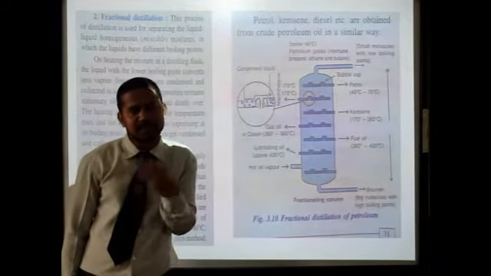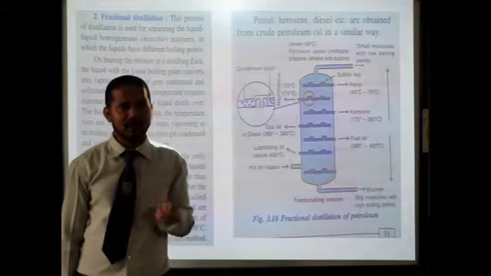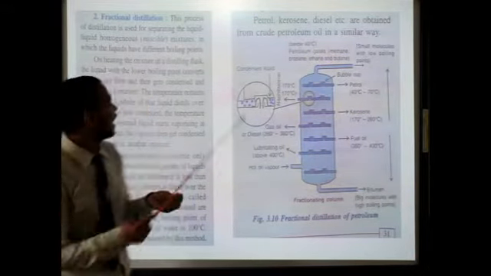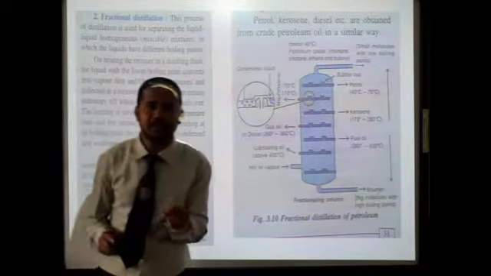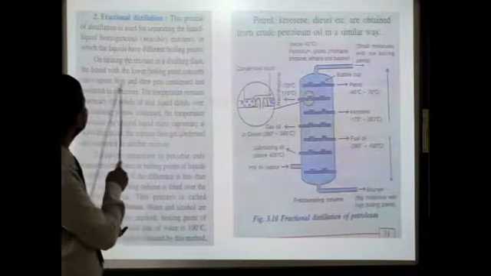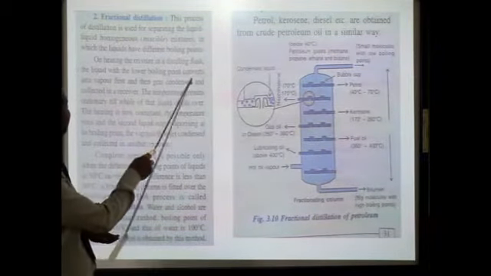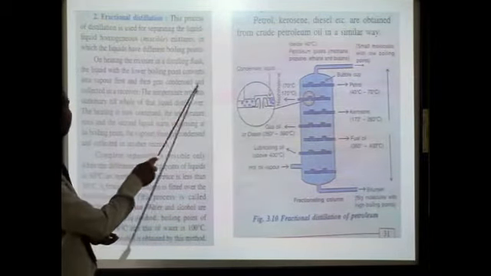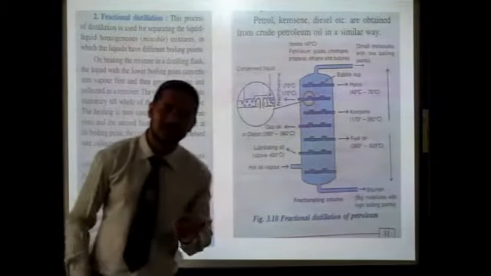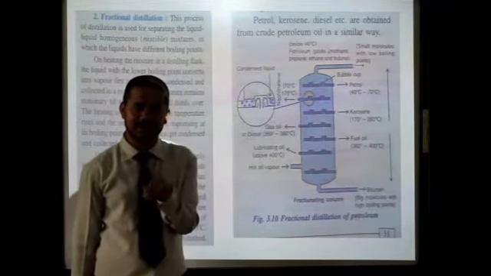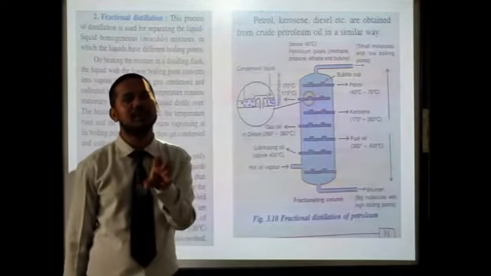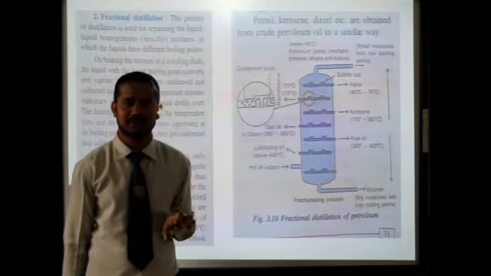Until all the liquid having this lower boiling point is converted to vapor, it converts into vapor first and then gets condensed and collected, the temperature remains stationary. The temperature remains stationary until the whole of the liquid with the lower boiling point boils.